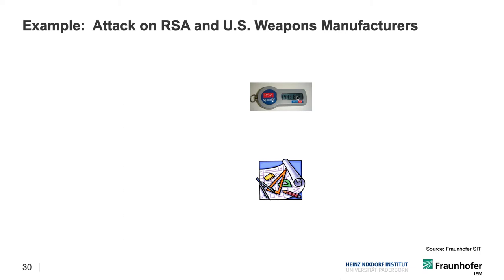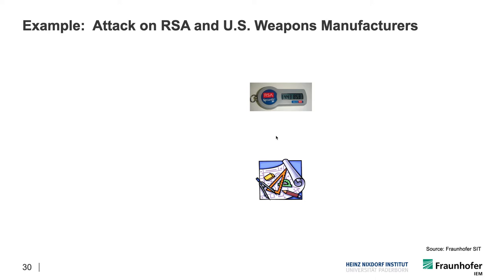This token has a secret key embedded, and based on this secret key, every minute or so, it will generate a new pseudo-random number. The server is equipped with the same secret key, so it can generate the same numbers. Then during logon, you compare the two, and only if they coincide, you can actually log in.